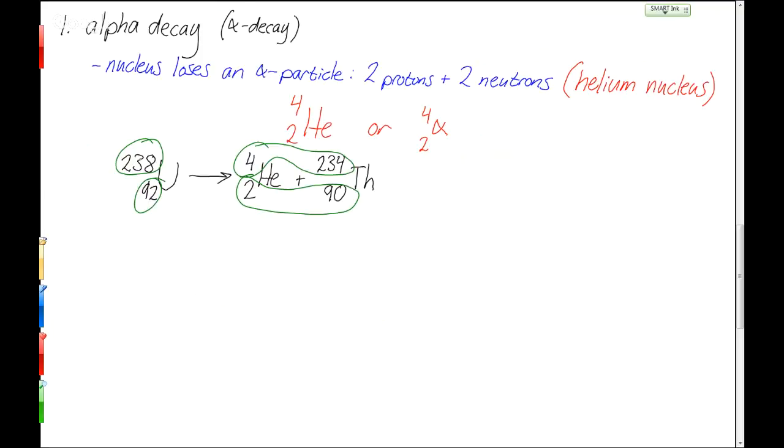Another alpha emitter is radon. Radon 86, or sorry, radon 220. So see if you can complete that reaction for the alpha decay of radon the same way.